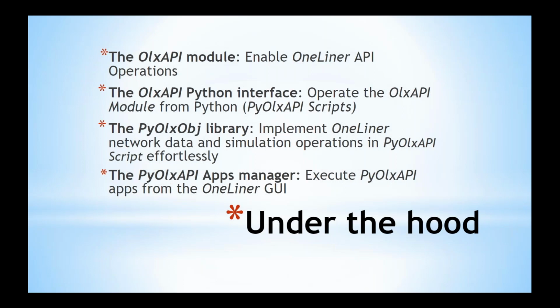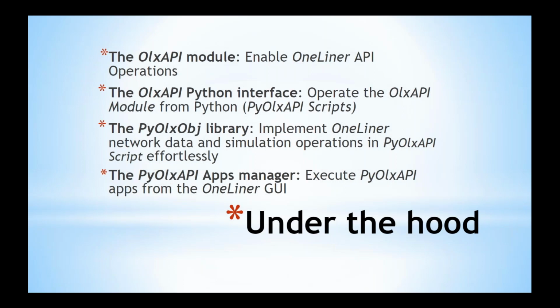But starting more than 3 years ago with version 14.8, then in beta mode, and now officially in version 15, we ship with OneLiner a so-called OlxAPI module.